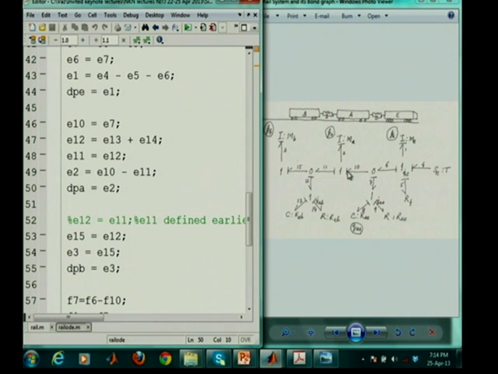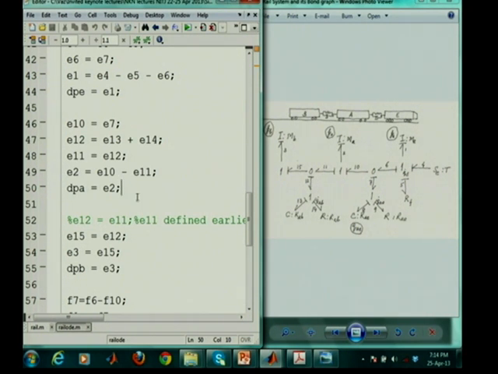Then we ask the question to the next. What does our system give to this I element, with integral causality? What is it giving? Effort 2, which is the rate of change of the momentum of bogie A. So dPA is equal to E2. E2 is equal to effort 10 minus effort 11. Effort 10 is here and effort 11 is here. Let us see effort 11. Effort 11 comes from effort 12.